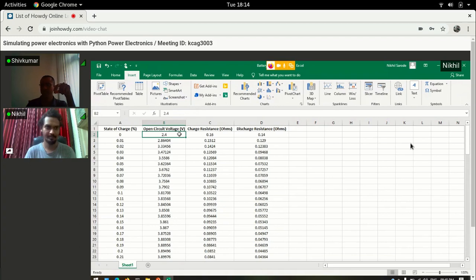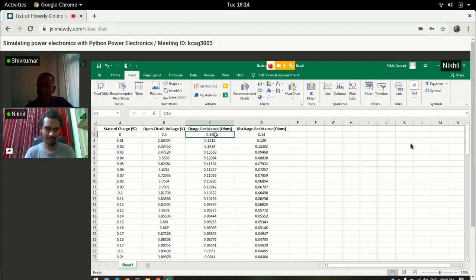And of course you have the resistance, charge resistance, discharge resistance, in ohms, again full value. So the biggest challenge in creating this model is mapping the value of C to a full proper charge. We need to calculate the actual charge for a particular value of C with that particular value of current.